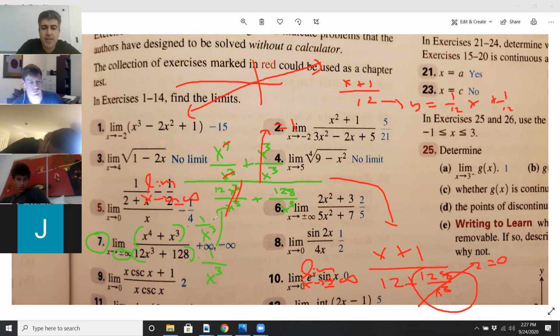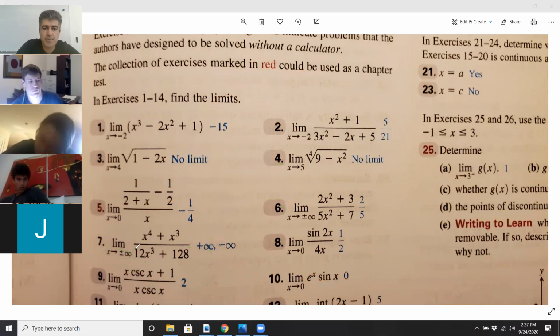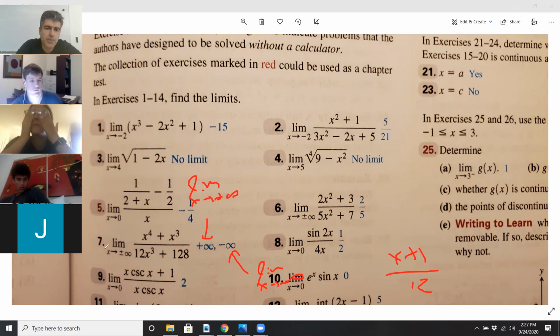Hence, the limit as x approaches positive infinity is this guy. The limit as x approaches negative infinity is that one. Because you're stuck with this after you simplified it, and of course got rid of 128 over x cubed because that's essentially 0.